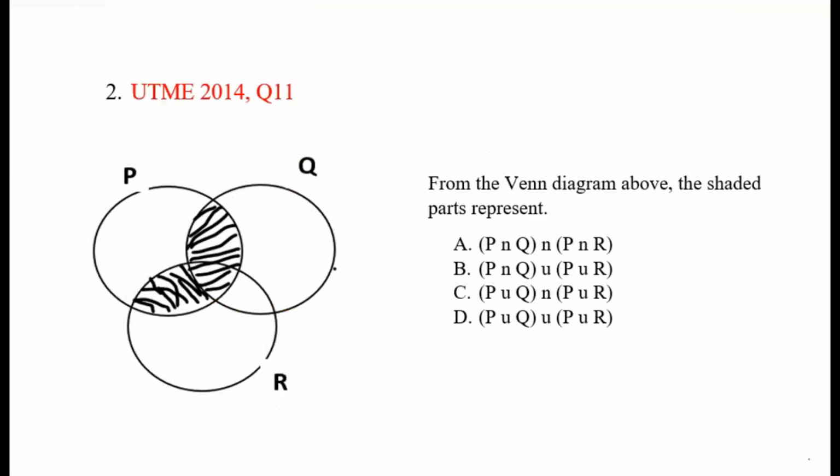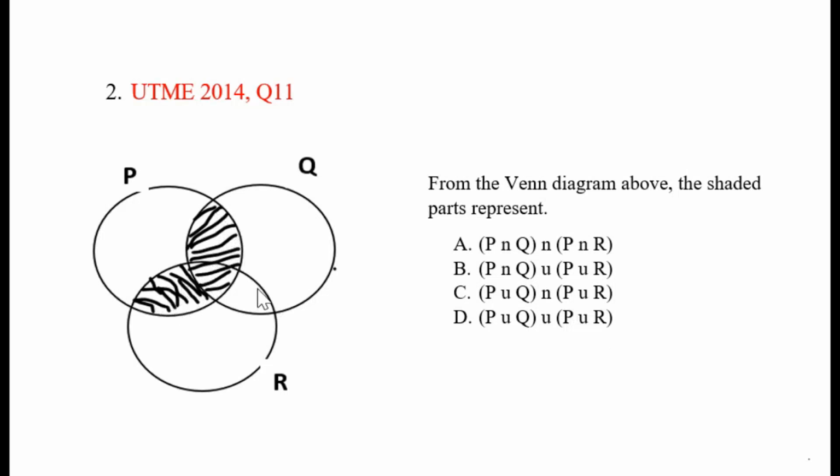This question says, from the Venn diagram above, the shaded part represents. Let's analyze the options as well. Option D says P union Q and P union Q union P union R. So the shaded parts, they are this area.